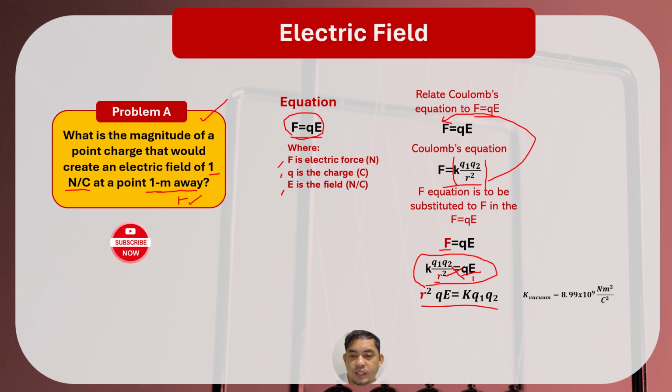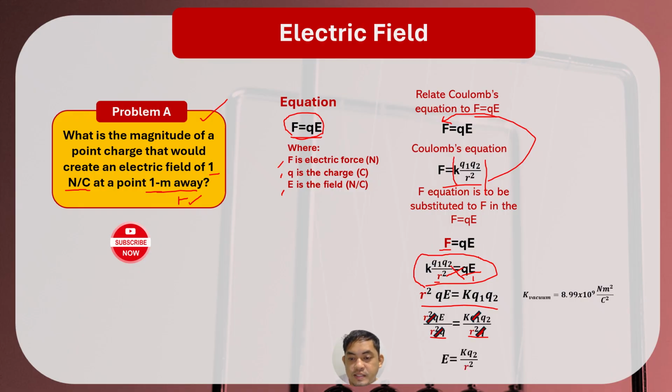So in my case, we will isolate the electric field by dividing both sides by R squared Q. We can cancel the charge here, you notice, and then we also cancel the R squared Q on the left side, isolating the electric field.